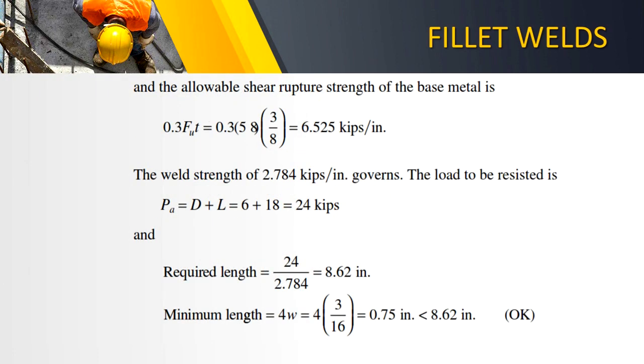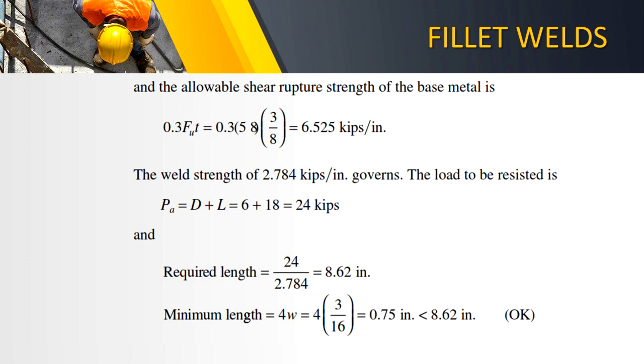The allowable shear rupture strength of the base metal is 0.3 FUT. By substituting, we get 6.525 kips per inch. The weld strength of 2.784 kips per inch governs.